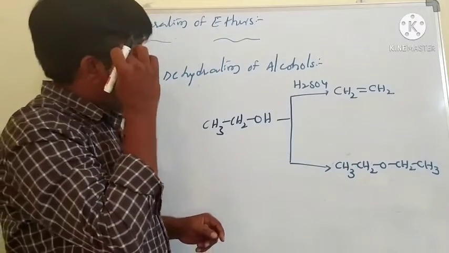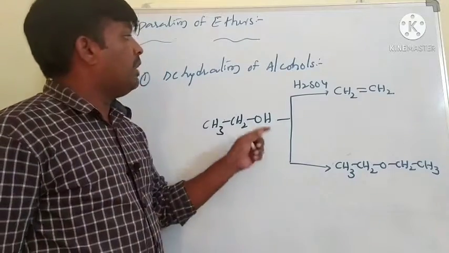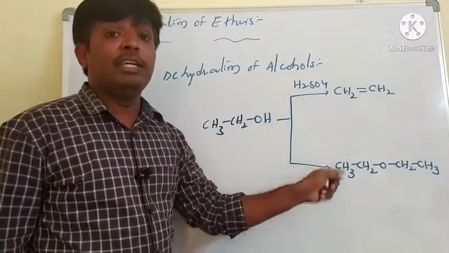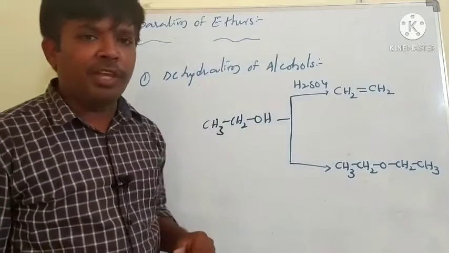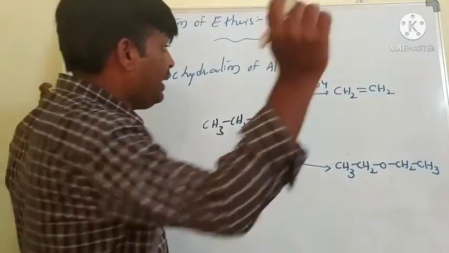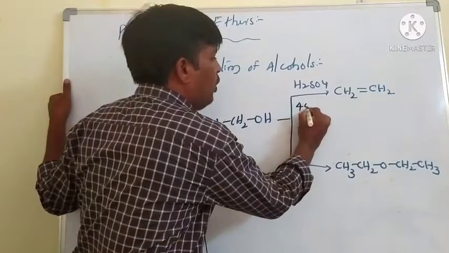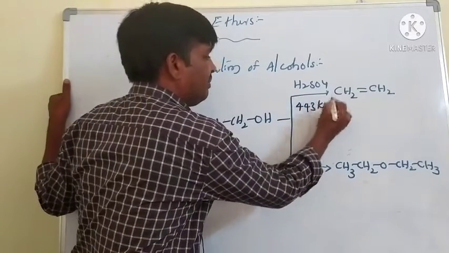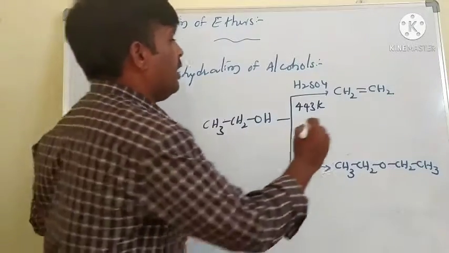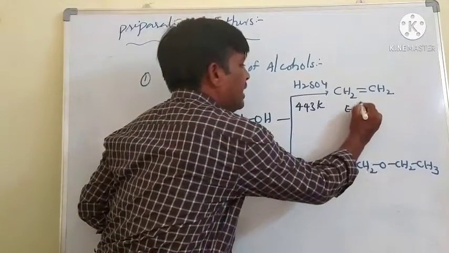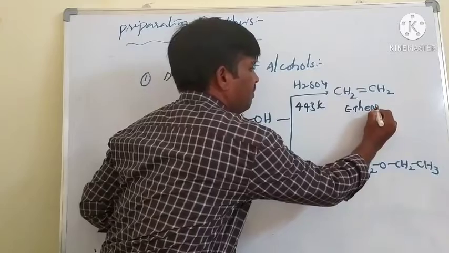What is the reason here? The formation of product depends upon the reaction conditions. At high temperature, that is 443 Kelvin, the formation of alkene takes place, that is ethene.